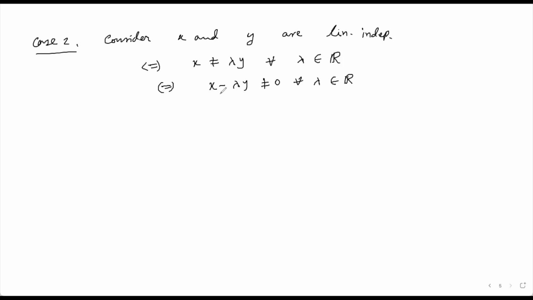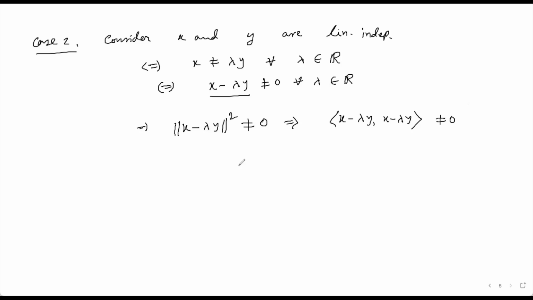So if this is not equal to 0, this implies x minus lambda y has non-zero norm, and its square is also non-zero. This implies the inner product of x minus lambda y comma x minus lambda y, by definition, is not equal to 0.